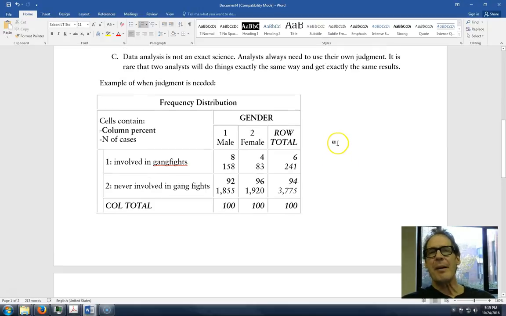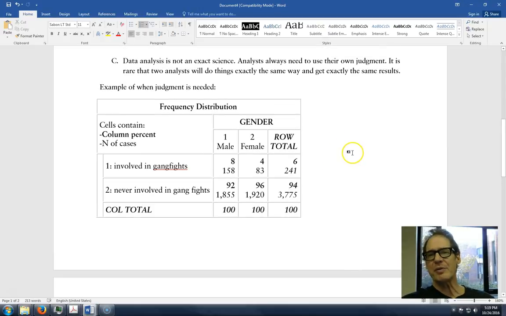Okay, so let's recap this lecture and the previous one. You've looked at two ways of assessing significance. One is statistical significance, which means the probability that our results are not due to randomness. And then we've looked at substantive significance, which is the difference between the categories in our independent variable, in this case sex. Is it real and meaningful, or is it small?